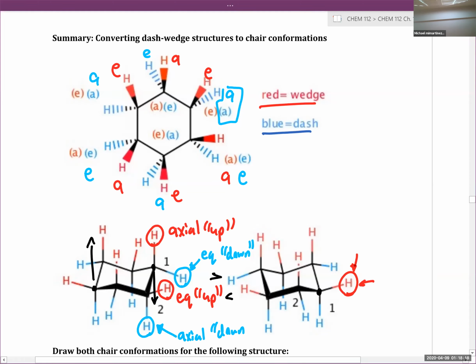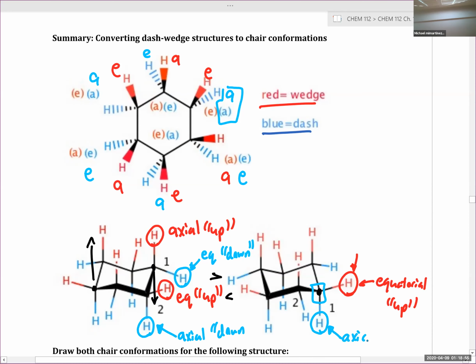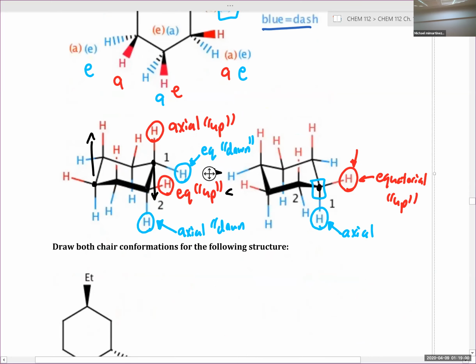Now, continuing on with that logic, let's look at the hydrogen in blue after a ring flip. So the hydrogen I've circled right here on carbon 1, is it axial or equatorial? So it would be axial, and really critically here, is it pointing up or down?